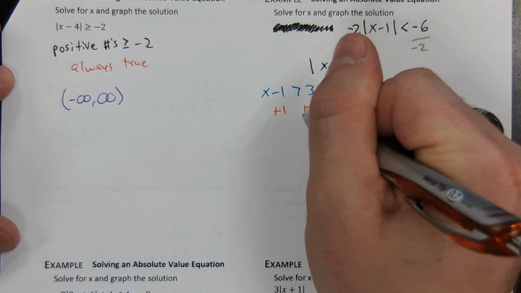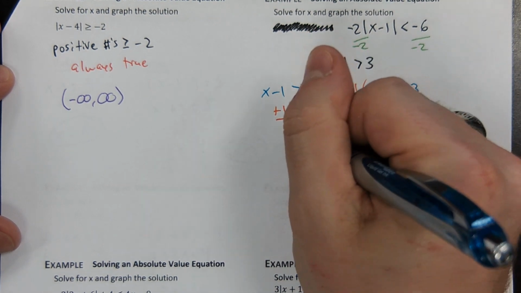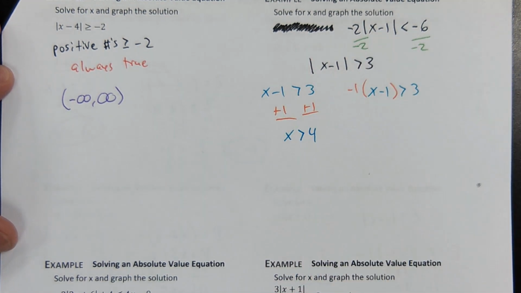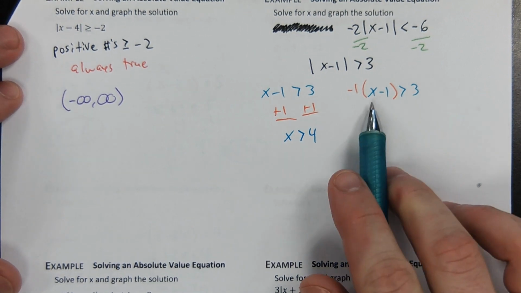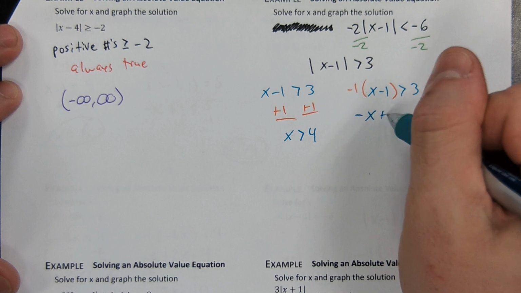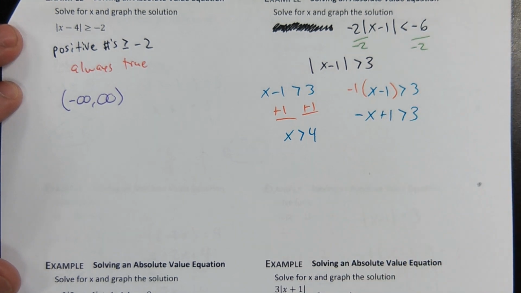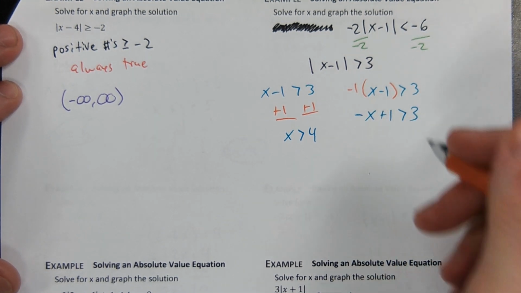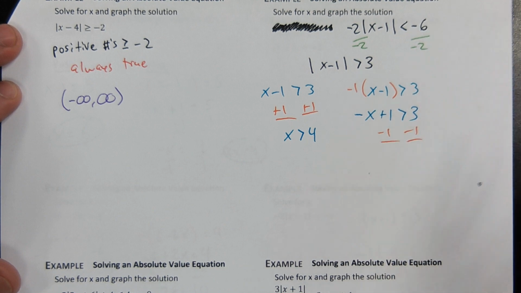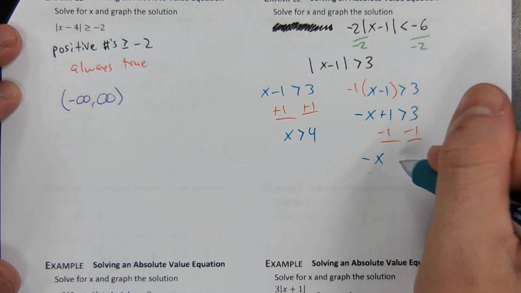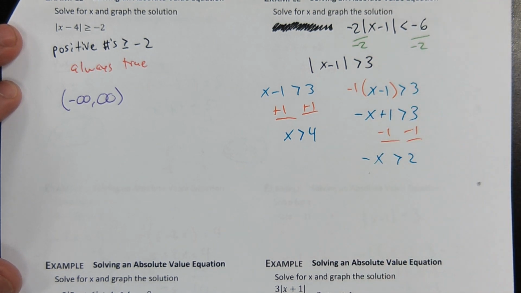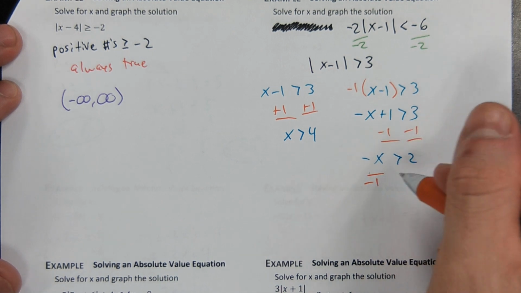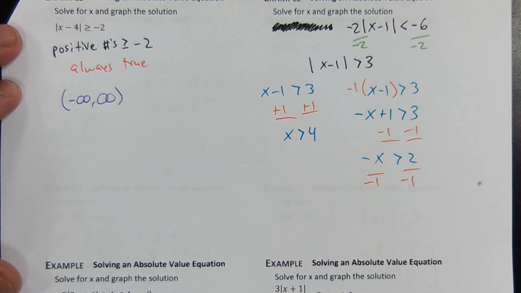Let's add 1. Easy peasy. X is greater than 4. Distribute your -1 and solve for x. One last time, remembering to flip the inequality over.